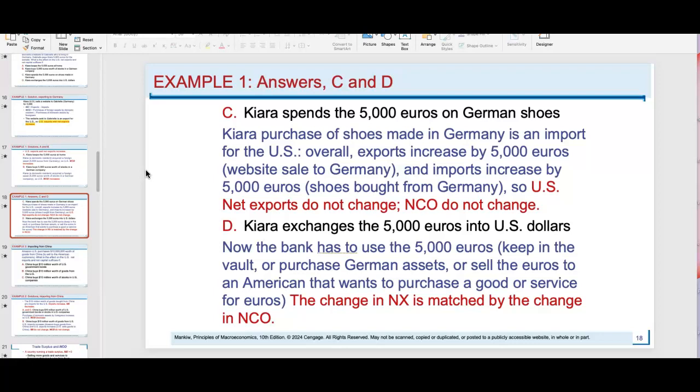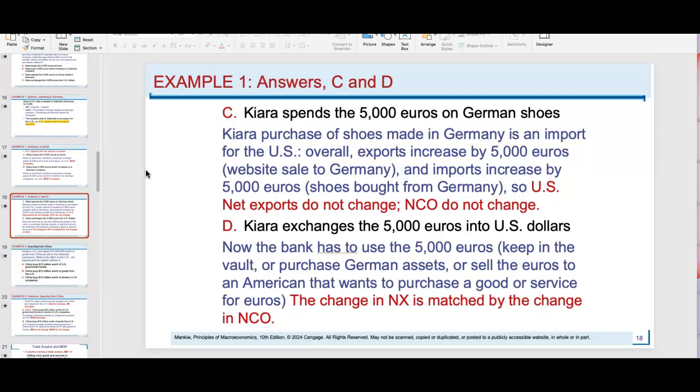But if the bank gives the euros to an American to purchase goods and services, then there's going to be an increase in imports and a decrease in the foreign assets acquired, because the American is going to use those euros to give back to Europe, which is going to even out the balance of trade. So we're going to be back to a balance of zero between exports and imports.